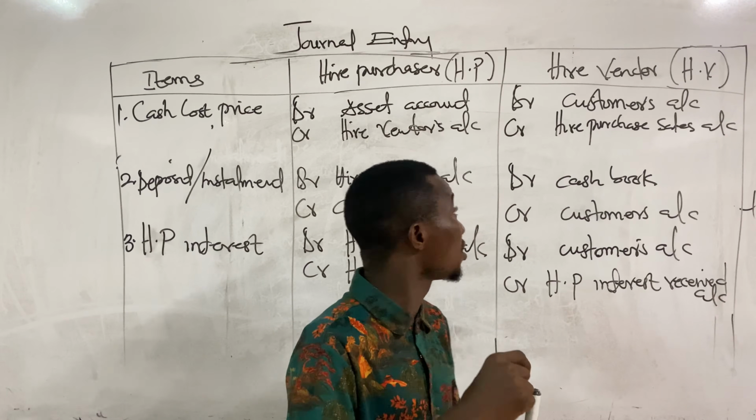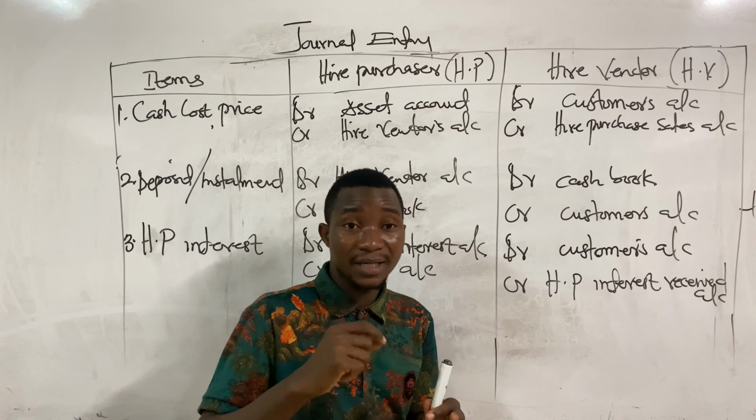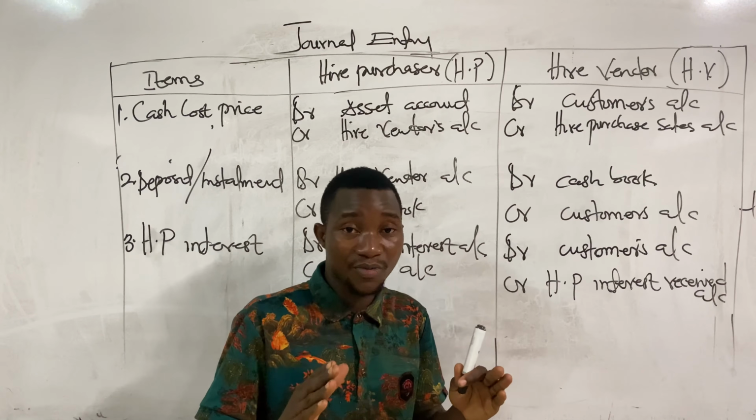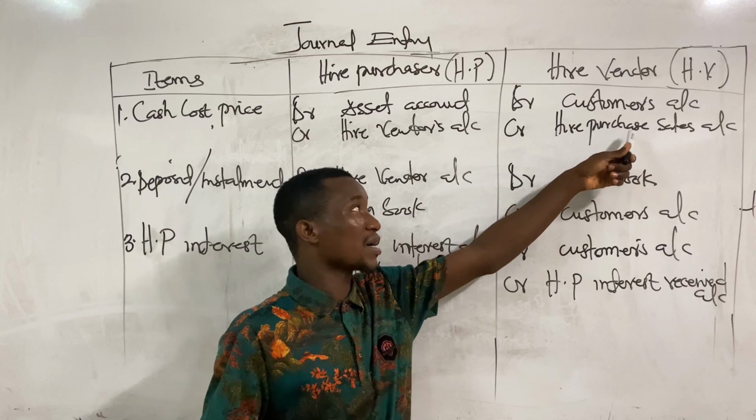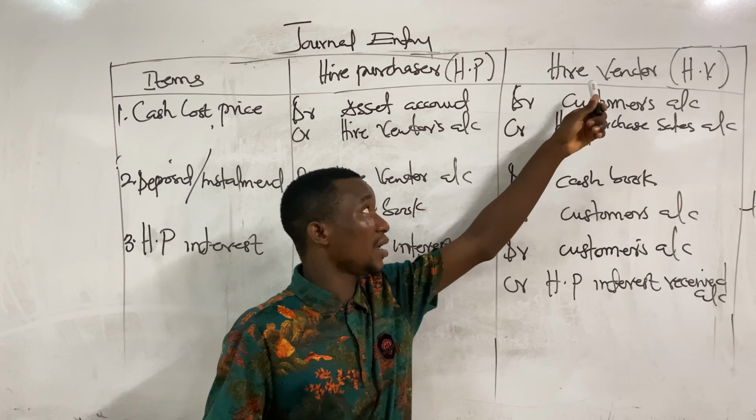So the portion of the sales that is being made that is not yet received, at any point in time, is the balance on the customer's account in the book of the hire vendor.